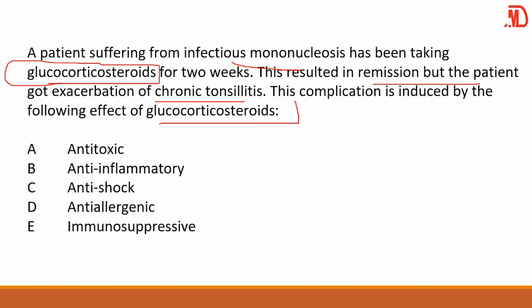Of course, it is also anti-inflammatory, anti-shock, anti-allergic, and so on. But for the reason for which there is a remission and then an exacerbation of tonsillitis, you are thinking of the immune system being low. So what comes to your mind is immunosuppression. Immunosuppressive. All right.